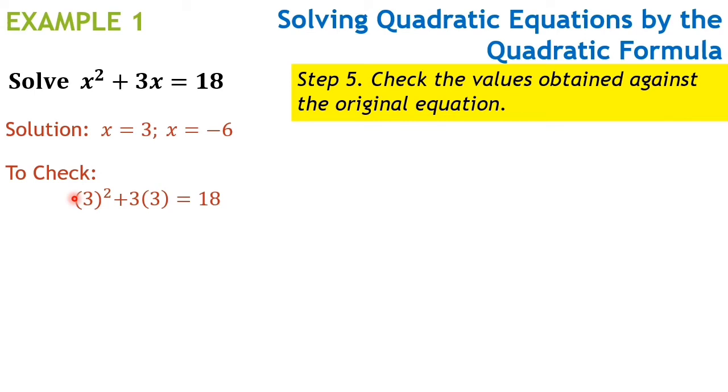What we are going to do now is simply perform the operations involved. Here, multiply this by itself, and here, multiply 3 by 3. So that will become 9 plus 9 is equal to 18.